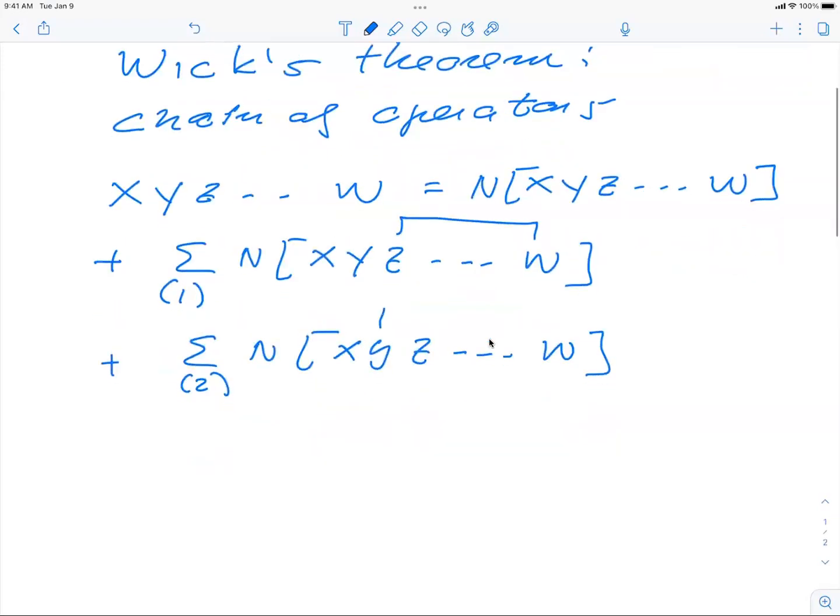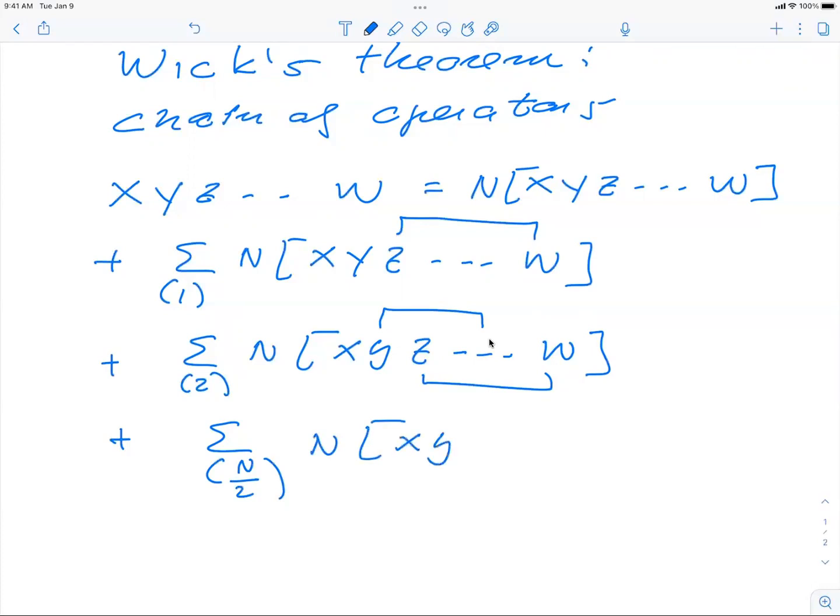So we normally tend to just skip these terms, and then we end up with the final term where all the pairs of operators are being contracted.